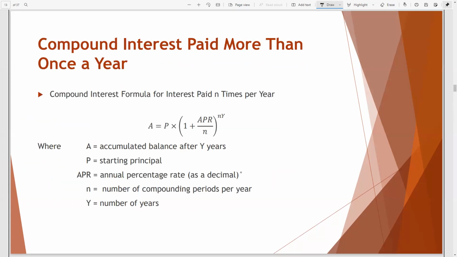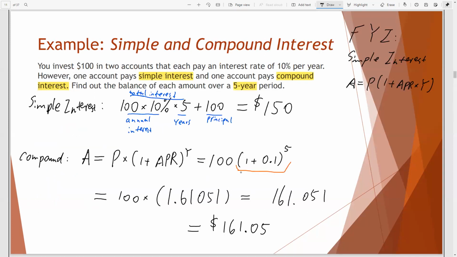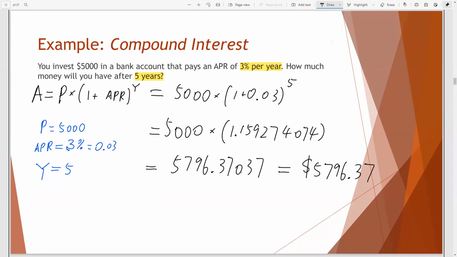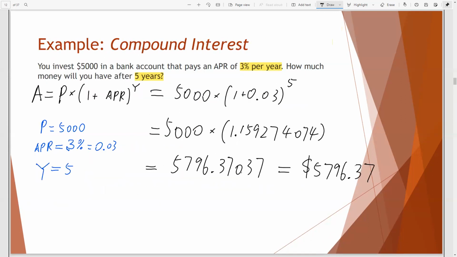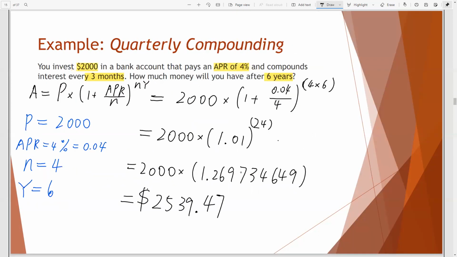So we have the previous example: interest compounded annually and interest compounded more than once a year have different final balances. This one has $808 interest and annually just $796 interest. That is different.